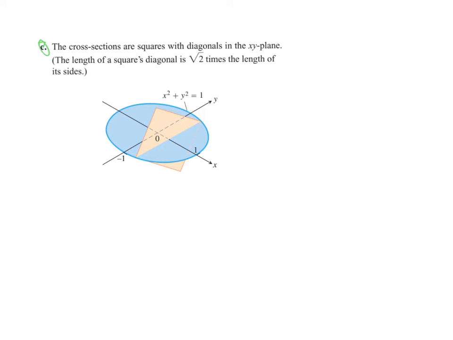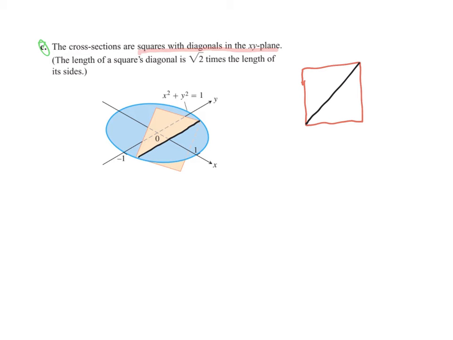We're on letter C now. And this is a humdinger, so we got to be careful. The cross sections are squares with diagonals in the plane. So the diagonal is this measurement here that we've been using before. So we just have to be careful. When we draw our cross section for our squares, the black measurement that we've been using is actually this measurement.